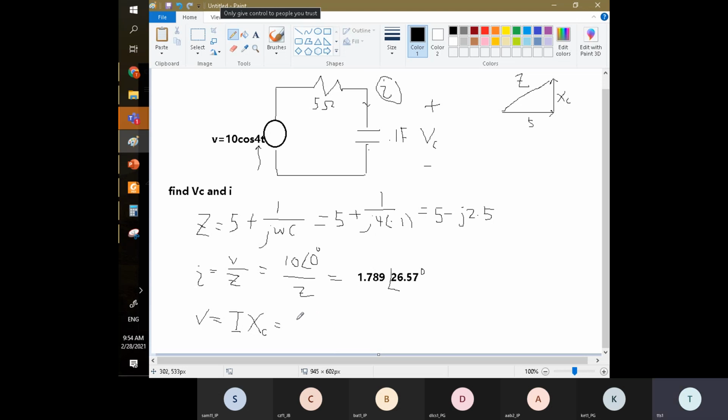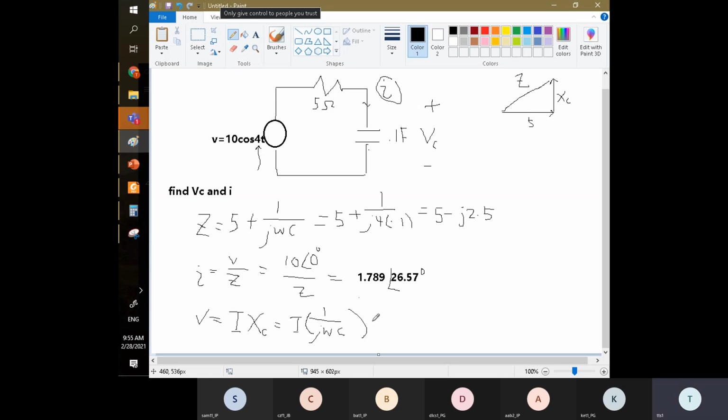So I's value is here. And what is the XC? Reactance C is 1 over J omega C. C is 0.1, omega is 4. Frequency doesn't change, remember? This value is exactly the same.